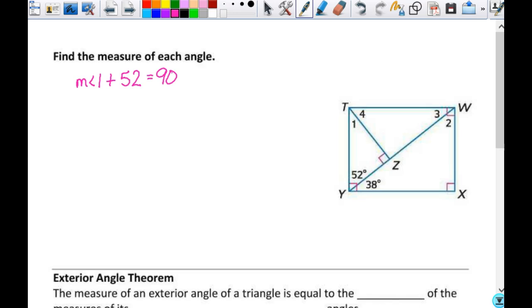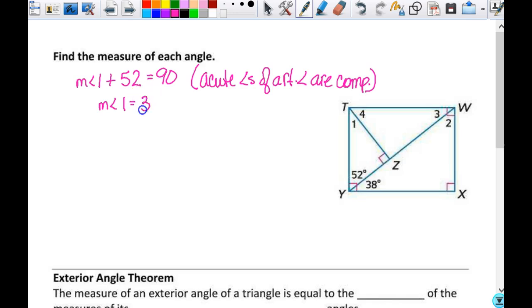That's a much, much simpler way to do this. So we know here that's because the acute angles of a right triangle are complementary. That means then that the measure of angle 1 is not 48, it is 38. 48 is a very common wrong answer there. This is 38 degrees.